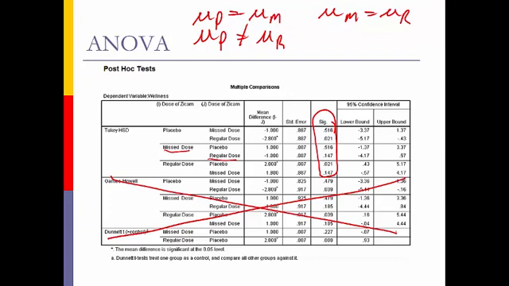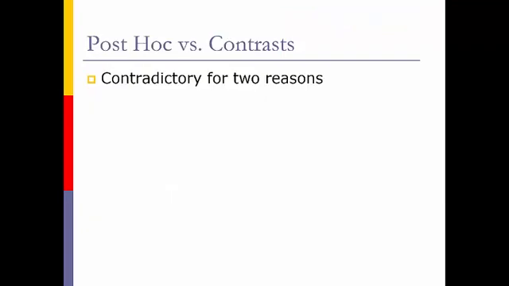So this post hoc slightly contradicts our contrast, yes? And that's why we have to be very careful when we're interpreting our planned contrast. The planned contrasts actually have a little bit more power than the post hoc test. So we should just consider that when we're looking at things. Alright, so why are they contradictory?